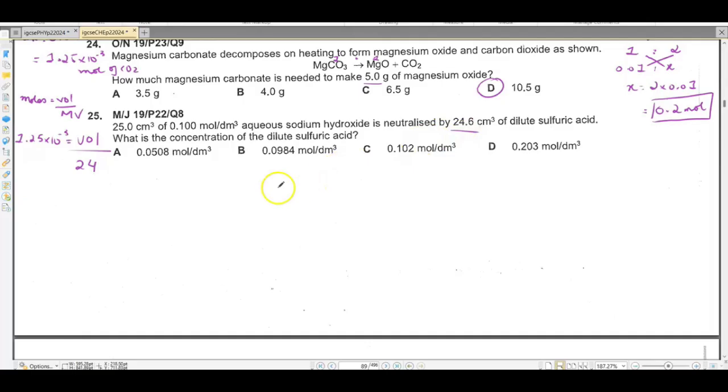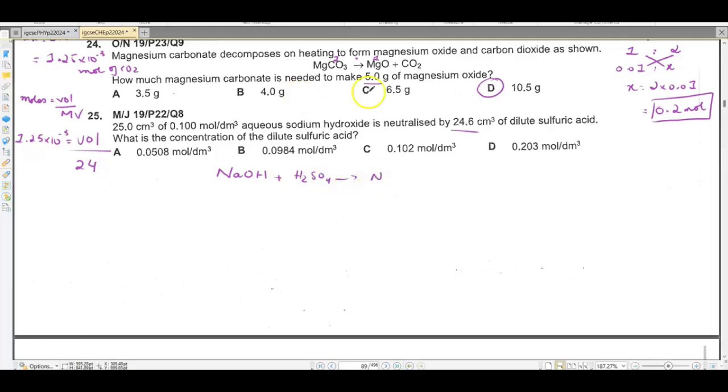So we are going to find the moles of sodium hydroxide, and then with those moles we will find the moles of dilute sulfuric acid and then its concentration. So first thing is first, we should write our reaction. This is NaOH being neutralized with dilute sulfuric acid, which is H2SO4.